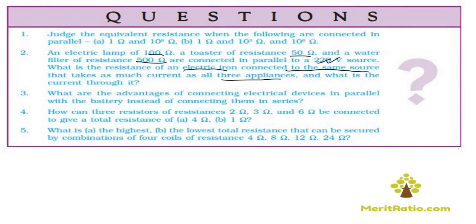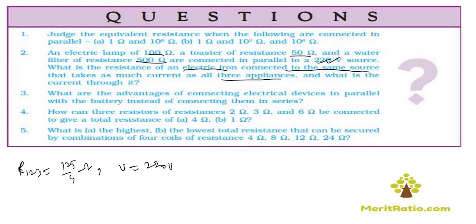So we are required to find the amount of current passing through the electric iron. First of all, the equivalent resistance R123 we obtained is 125 by 4 ohm, and the potential is given as 220 volt.